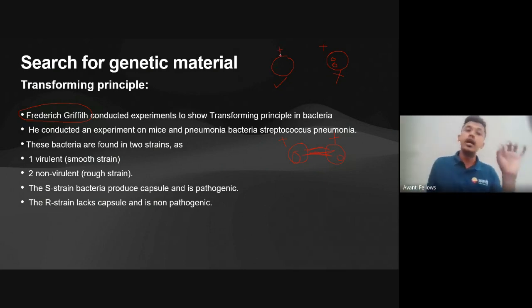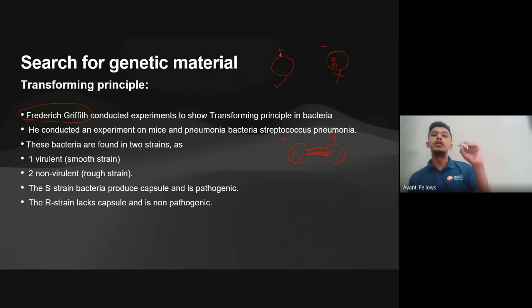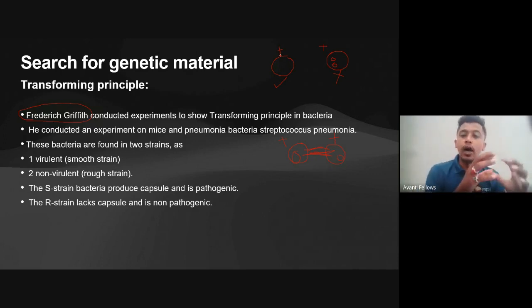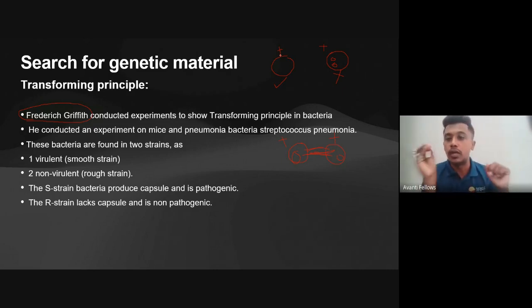Now we understand that by this process a DNA was transferred from one bacteria to another bacteria. But Griffith conducted a similar type of experiment. Unfortunately, back then they didn't know who would be responsible for the genetic information that is passed between two bacteria. Let's see the experiment. So when Griffith conducted this transformation experiment in bacteria, the organism he chose was Streptococcus pneumoniae.